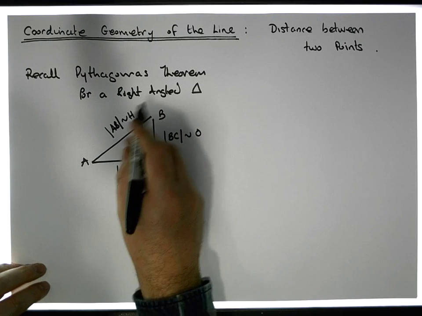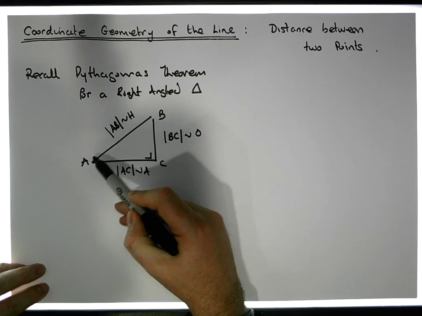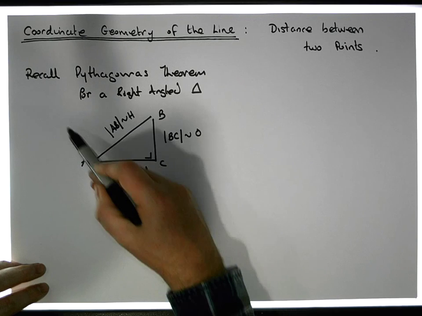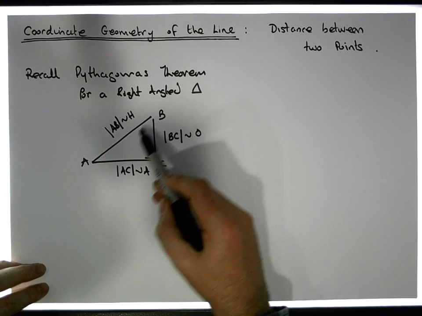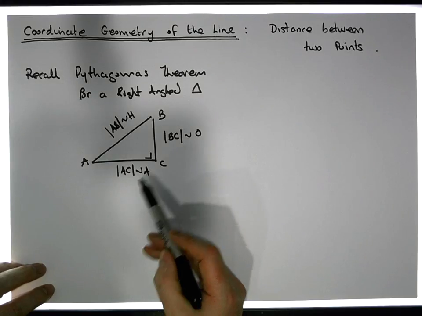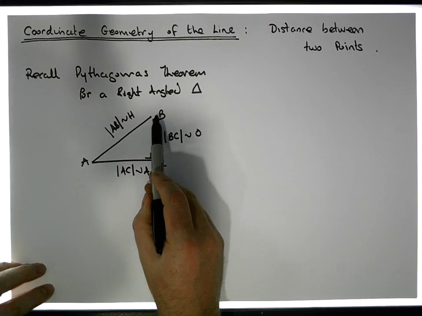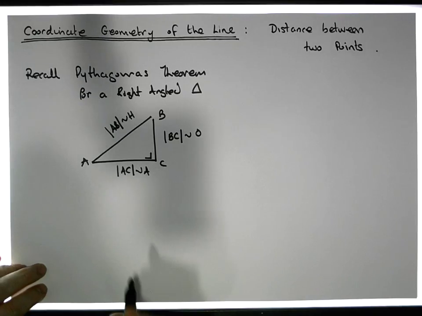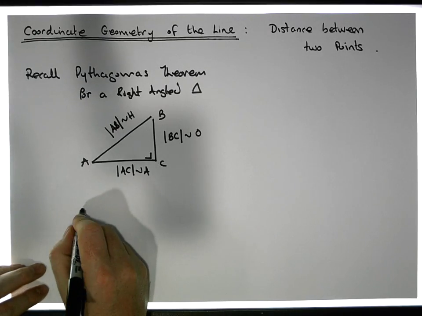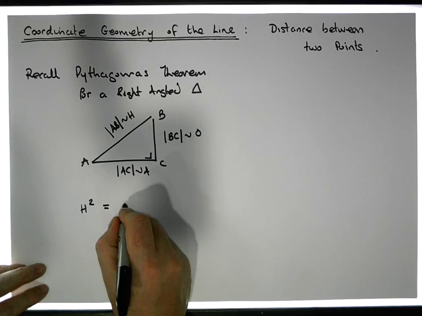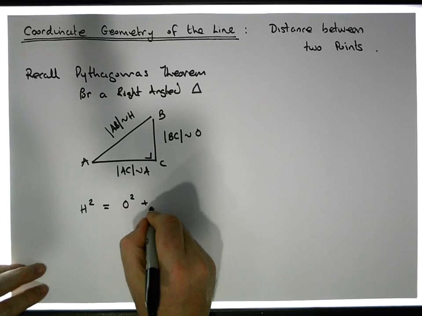So what we have from Pythagoras is that the square of the hypotenuse, the area of the square that we can construct on it, which would be h times h, is the same as the sum of the areas of the squares on the other two sides. So Pythagoras tells us that h squared is equal to o squared plus a squared.